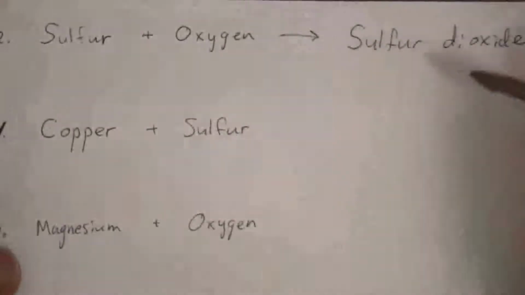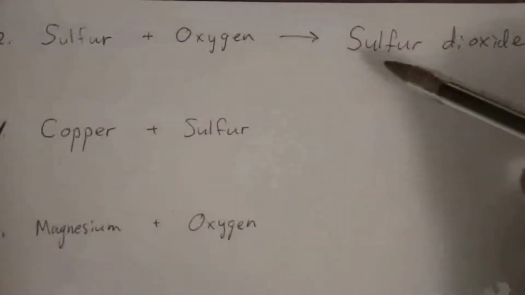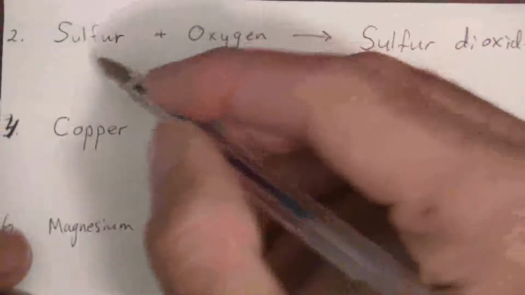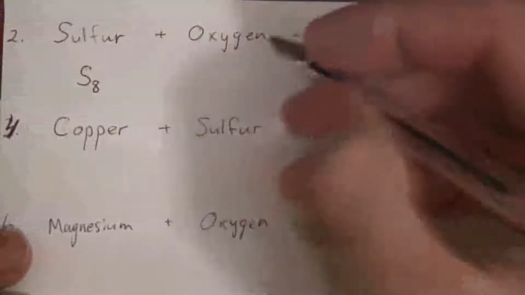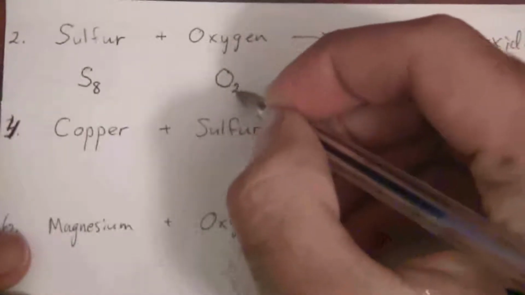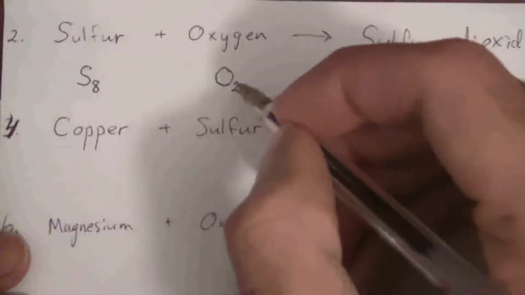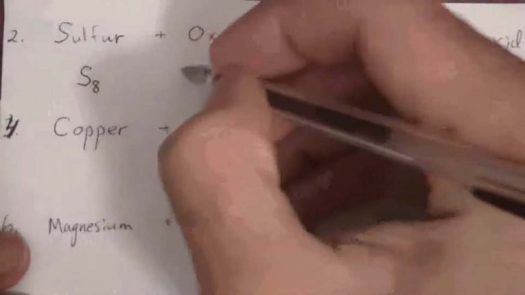We just need to put this into the symbolic form, where sulfur is actually not just S, but S8. It's a molecule, just like oxygen is not just O, it's a molecule of O2, 2 oxygen atoms. Well, for sulfur, it's a little bit different.